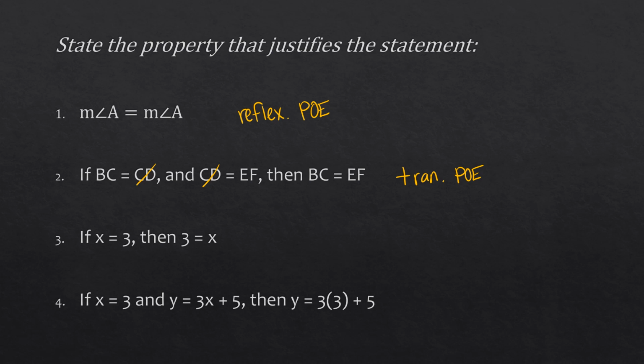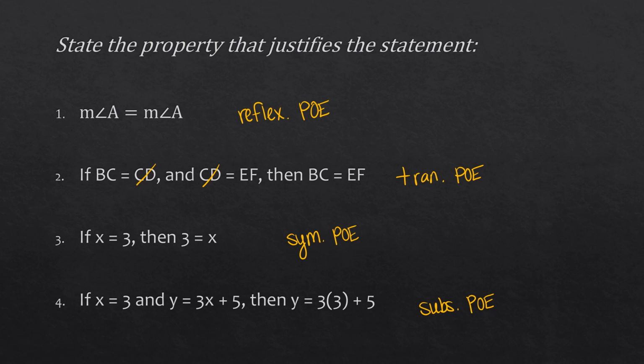Next, if x equals 3, then 3 equals x. That's our mirror, right? That's the mirror image of each other, those two equations. So this is our symmetric property of equality. Lastly, if x equals 3 and y equals 3x plus 5, then y equals 3 times 3 plus 5. That would be our substitution property of equality.